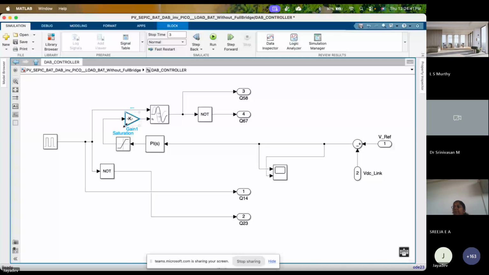Sir, the screen is not visible. Not visible. Yes, sir, the screen is not visible. I thought that it was only for me. Actually, today we have some network issues. Sometimes it disconnects. So if anything happens in future, please let me know immediately.